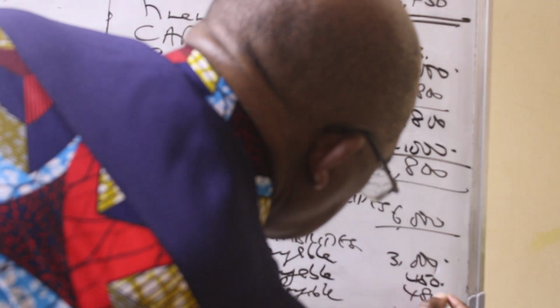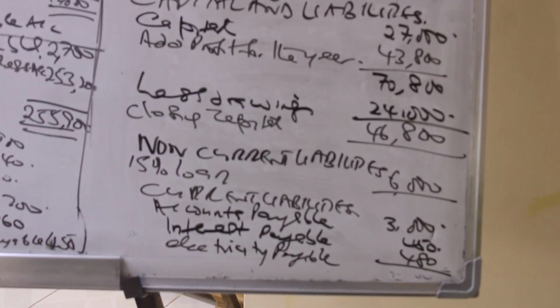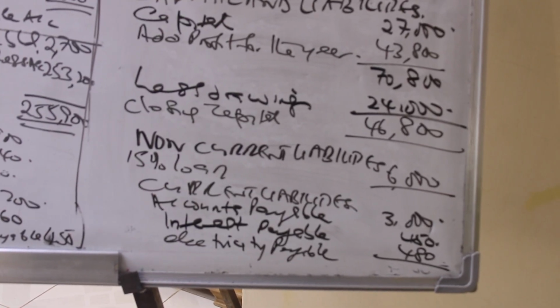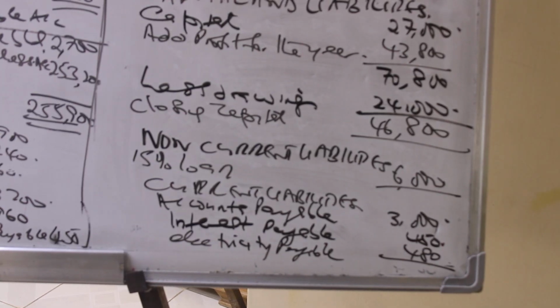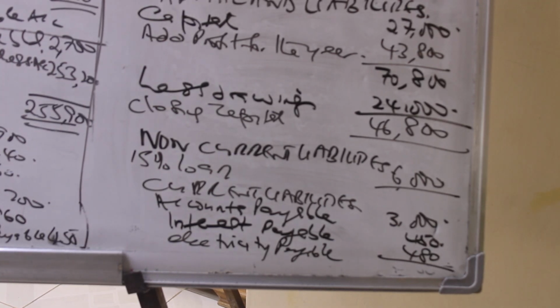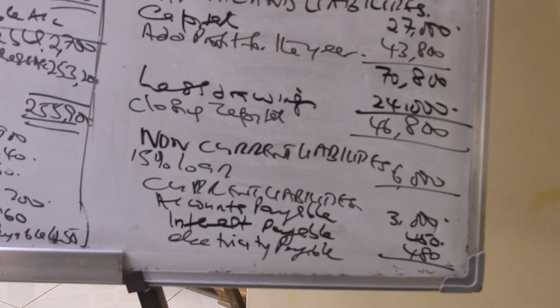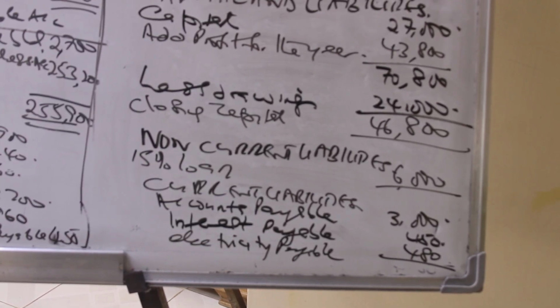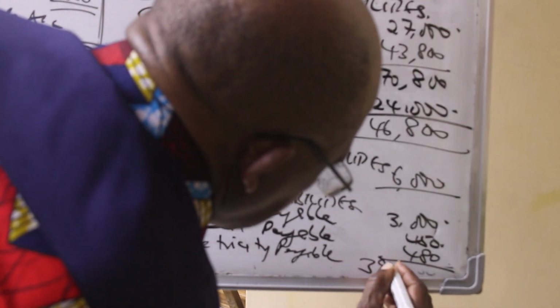So if we add the three, 3,000 plus 450 plus 480, we get a figure of 3,930.